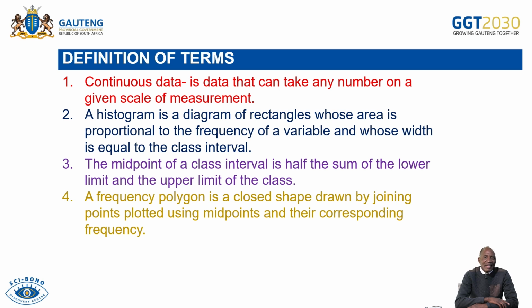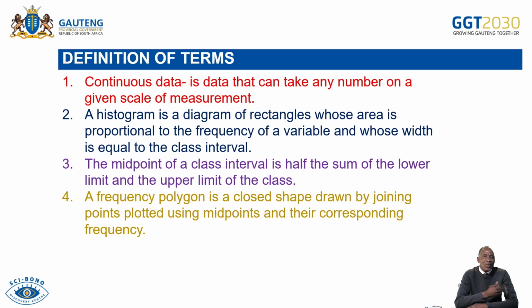Then we have a graph called a histogram, which is a diagram of rectangles whose area is proportional to the frequency of a variable and whose width is equal to the class width. So as we draw this particular graph, it is a graph that is made up of bars that touch each other. We have a reason why those touch each other based on the first point there to say is continuous data.